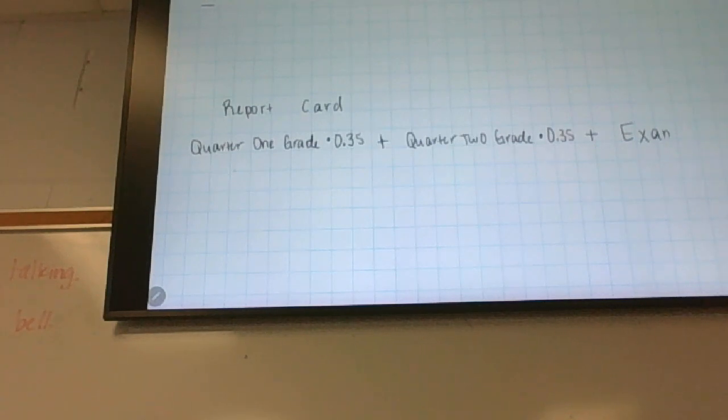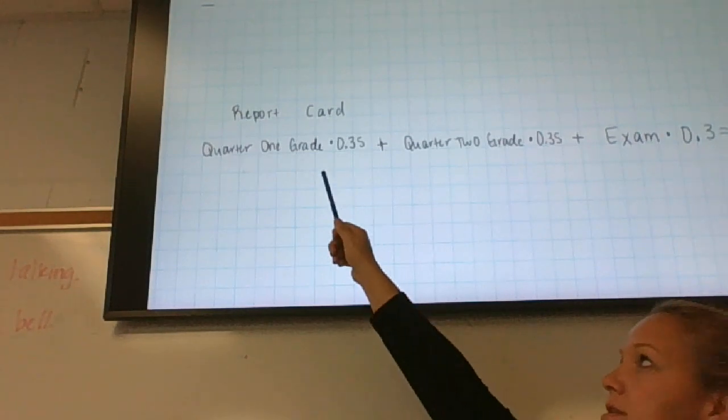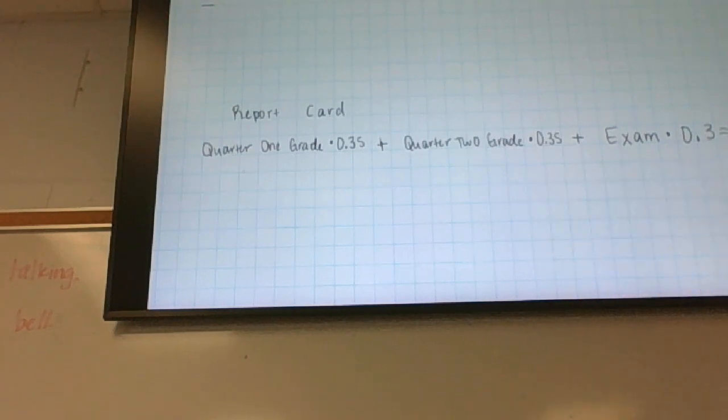And then your exam grade is 30%. You add all of that up together, and that's what goes on your report card. And that's what goes on your high school transcripts. When you apply to colleges, they don't see this. They only see all of it added together. Okay?